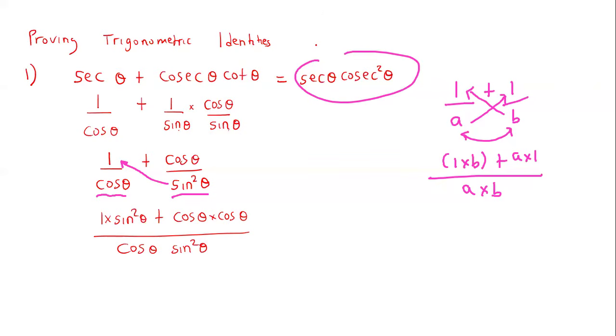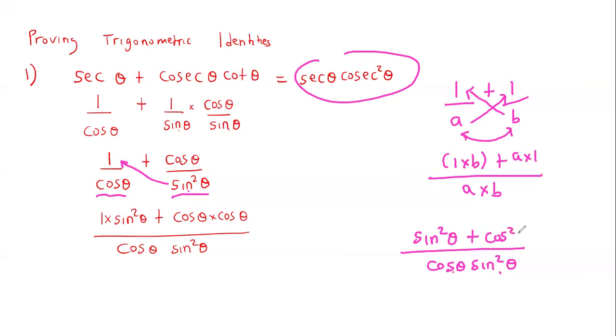But in case you don't want to use that route, you say, what is my LCM? My LCM is cos theta sine squared theta. Then you say cos theta sine squared theta divided by cos theta, you get sine squared theta times 1. So you end up with sine squared theta. Then you get cos theta sine squared theta divided by sine squared theta is cos theta. So what are we going to get?